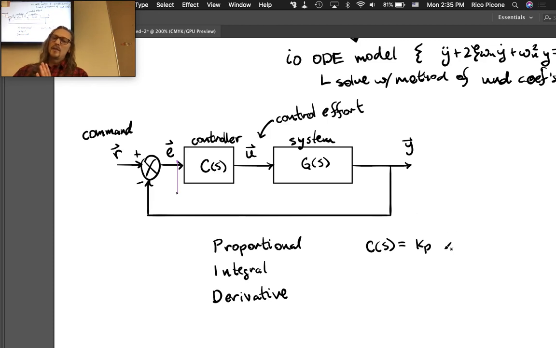The next term is the integral term, so Ki. And it is multiplied by a 1 over s, which is the Laplace s, so it's a so-called integrator, right? A 1 over s is an integrator.